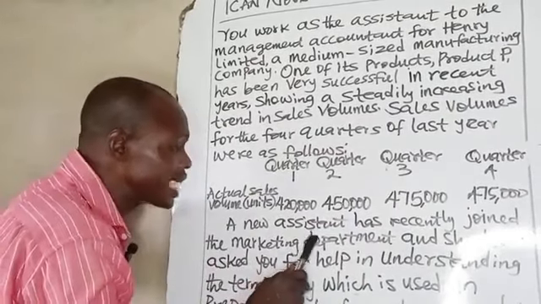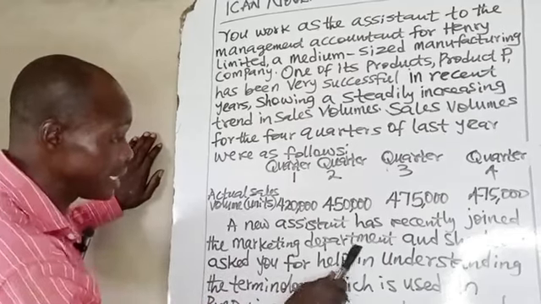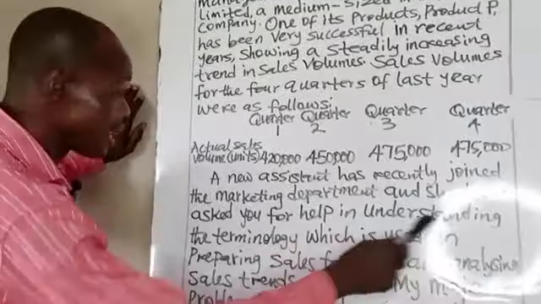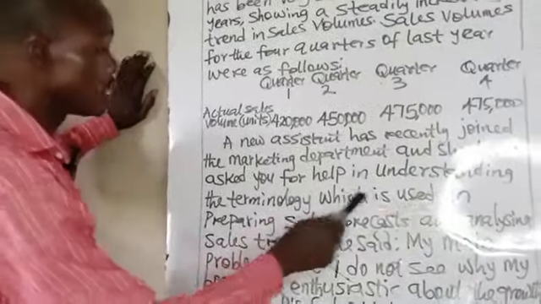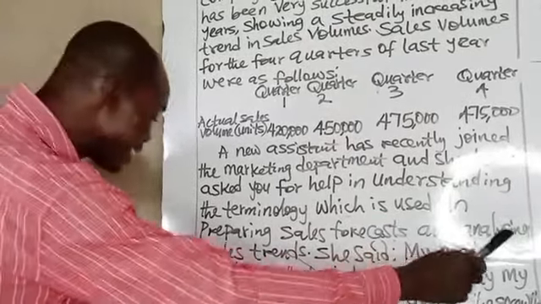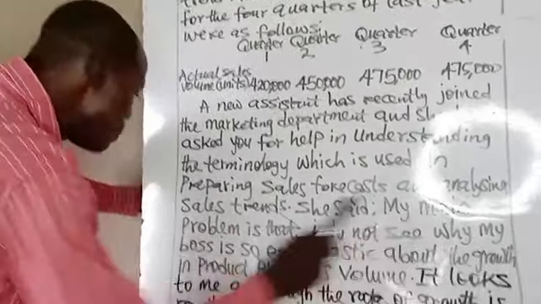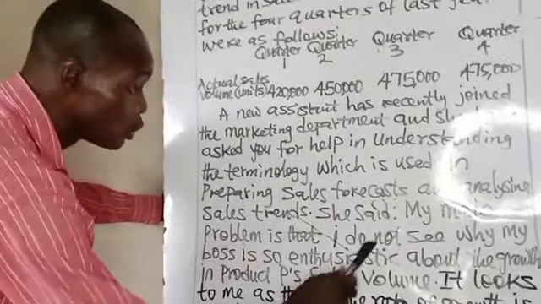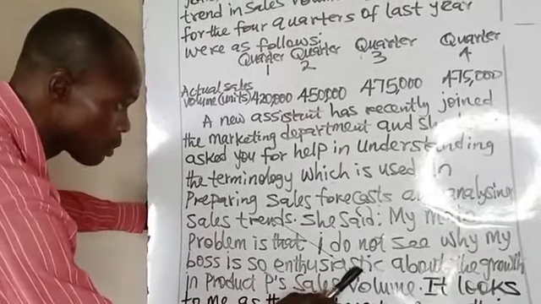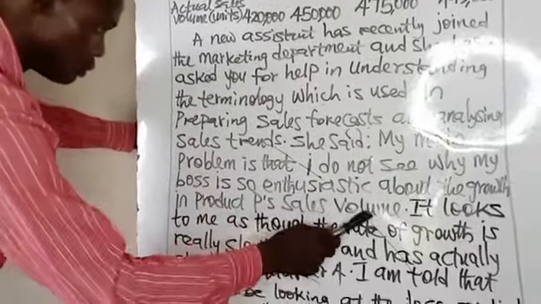A new assistant has recently joined the marketing department, and she has asked you for help in understanding the terminology which is used in preparing sales forecasts and analyzing sales trends. She said, "My main problem is that I do not see why my boss is so enthusiastic about the growth in product P's sales volume.